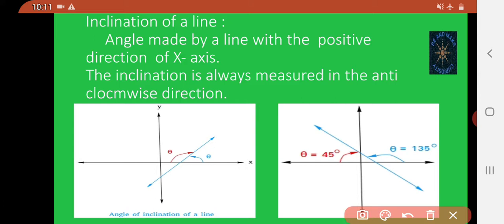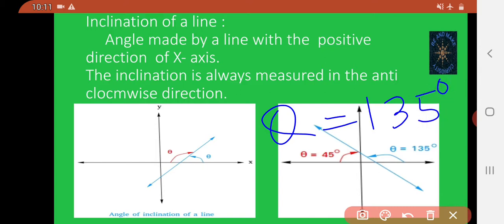So here the angle of inclination theta is equal to 135 degrees. Understood?